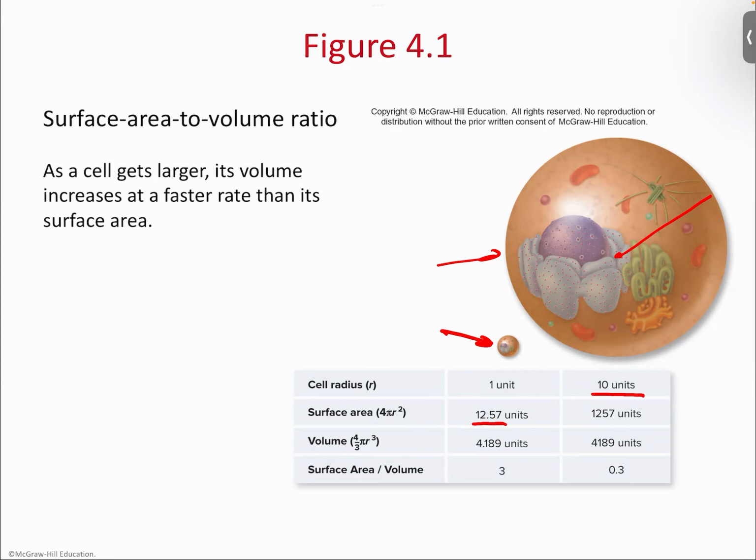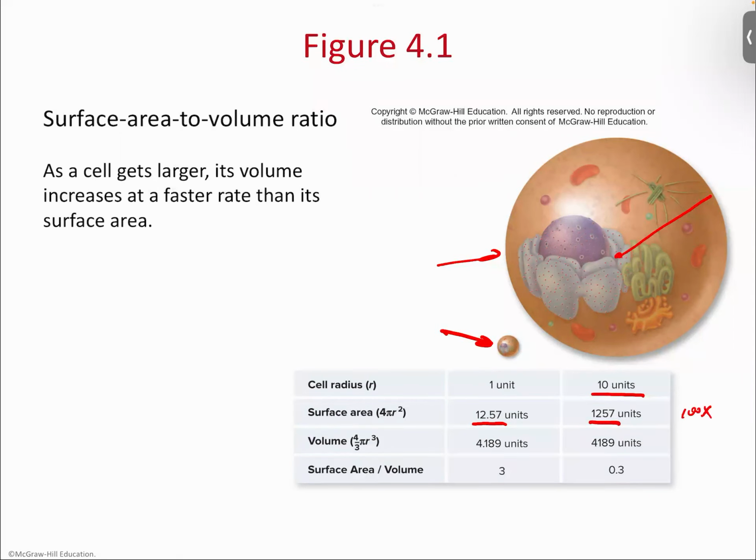And don't worry about the math. I'm not going to have you calculate the surface area of a sphere. It's never going to happen, right? Maybe in biophysics, perhaps, but not in this one. Well, if we increase this 10-fold, then it goes up to 1257. Not so bad, right? Starting to look good. You just increased your surface area, your working area, your productivity, if you will, by what?